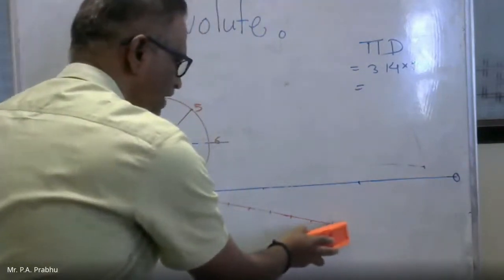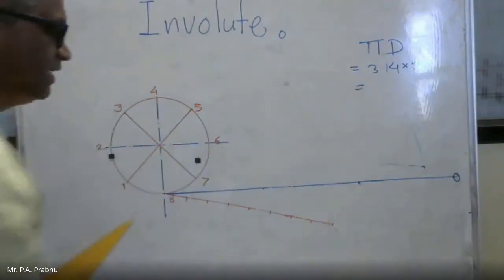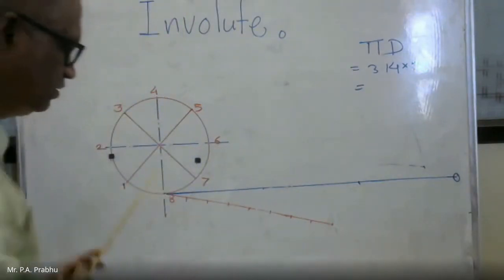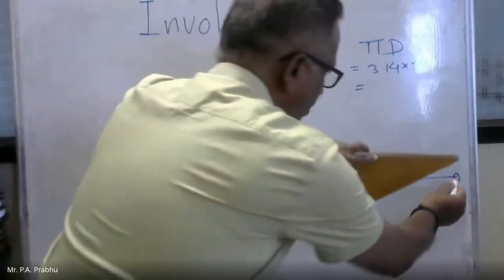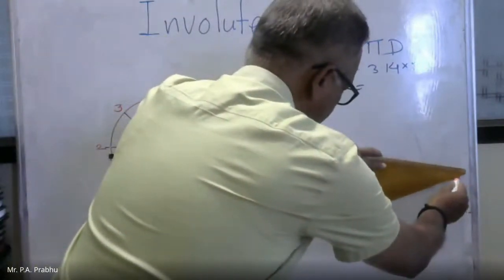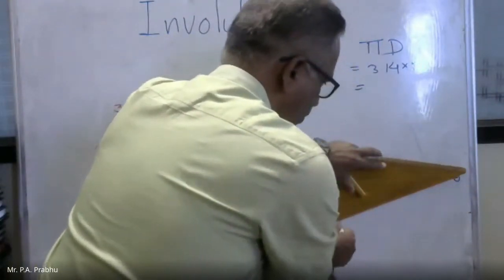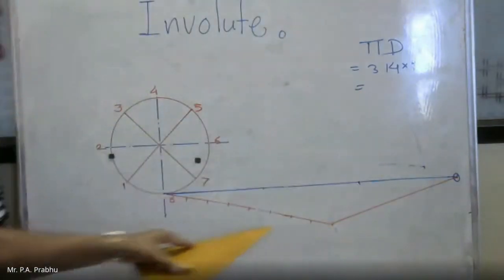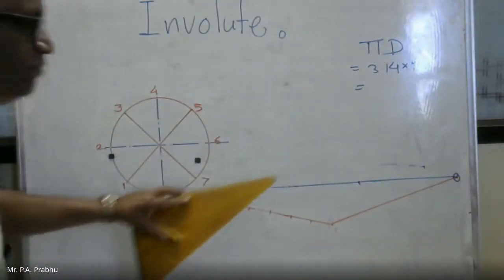So I will draw a line inclined at any angle. Then I will mark the 8 equal divisions. I will join the end points of both these lines. Okay. Now through each point on this line, I will draw a line parallel to the first one.